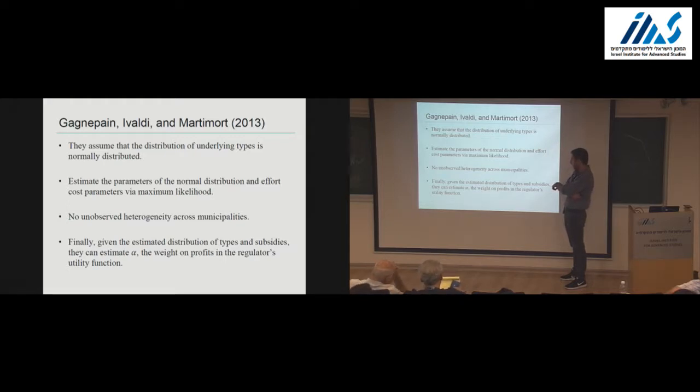And then finally, given the estimated distribution of types and subsidies, they can back out alpha as a function of the different partisanships. So it's sort of a multi-stage process. One step is getting the production technology, and the next step is thinking about the regulator's preferences.